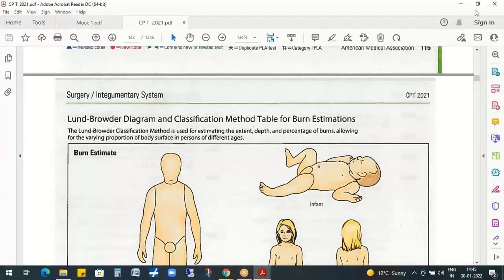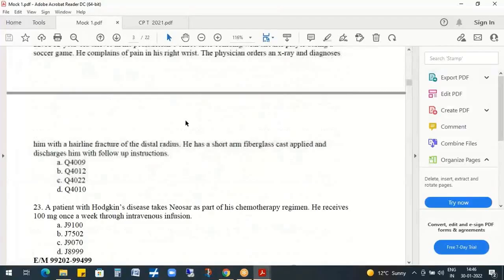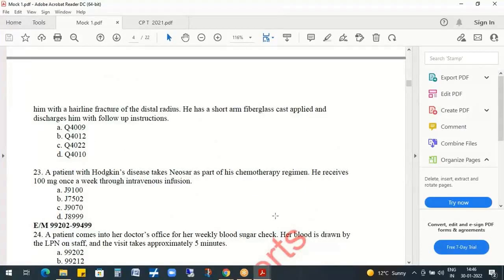Next, question 23, Manoj. What is that one? See, this is an unlisted one. The drug is deleted, Manoj, but J9100 is a different drug name.